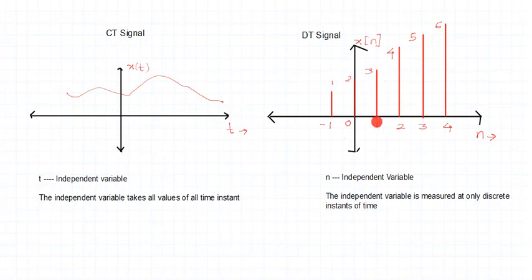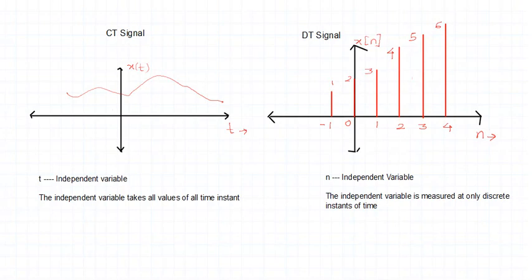But I can surely tell what is the signal at the time of measurement. So I measured the signal at time instant 1. So I surely know that the signal has so and so value at the time instant 1. Right. Similarly, at time instant 2, the signal has a defined value 4. Right. So -1, 0, 1, 2, 3, 4. What are all these? All these are discrete instants of measuring the time, and hence the signal, since we measure at discrete time instants, the signal becomes discrete, right?